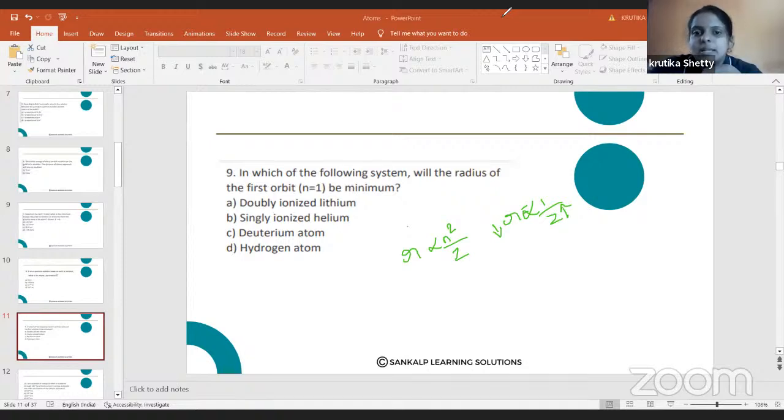So that is option A. Option A is right. That is the doubly ionized lithium. Because in the options given, for deuterium the Z value is 1. For hydrogen the Z value is 1. For lithium it is 3, and for the remaining one, singly ionized helium, it is 2. So for lithium Z is maximum, so the r value becomes smaller.